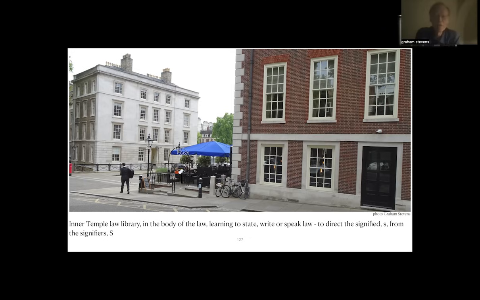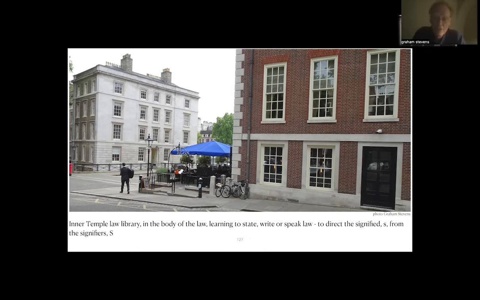The Inner Temple Law Library, this is where you can feel in the body of the law, learning to state right or speak law as a judge. So it's changing your position completely, in being able to have the authority of the law.